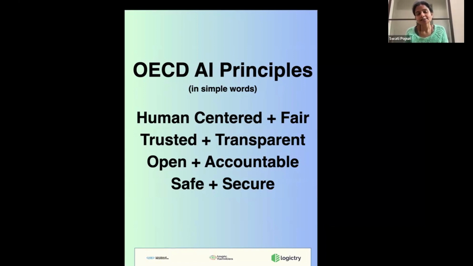And in the following slides, I will talk about how the development team can ensure their AI models or algorithms are aligned, and I will share some resources on how they can map their algorithmic practices to all of these foundational pillars of the OECD AI principles.